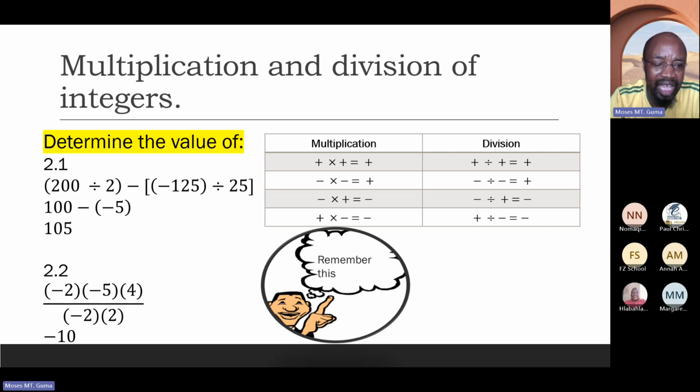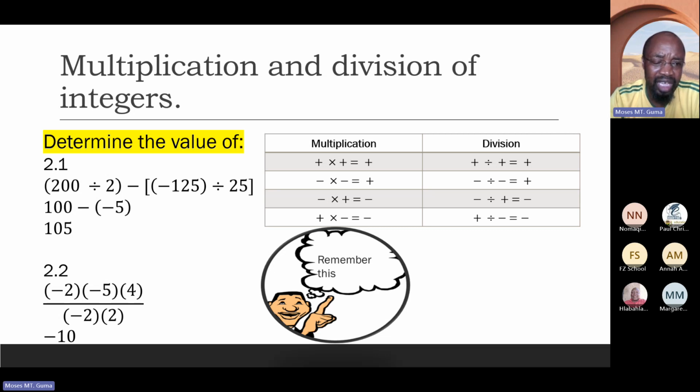It is actually -2 multiplied by -5 multiplied by 4, all divided by a bracket with -2, a bracket, and nothing between the brackets. That means we are also multiplying here. When we are multiplying throughout and multiplying throughout there, we can actually cancel the same. Now, what am I talking about?